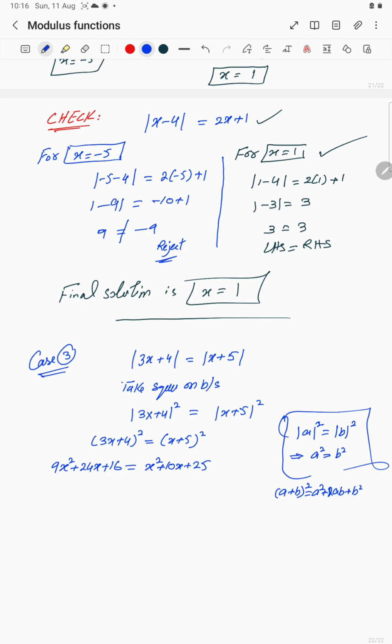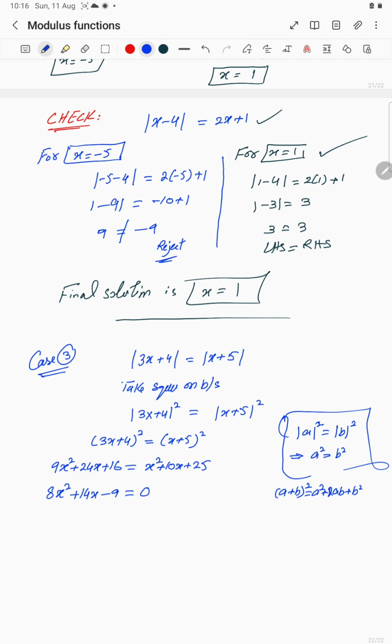Now simplify algebraically, bring everything on the right hand side to the left. So we get 8x² + 14x − 9 = 0. Now this is a quadratic function. We can solve this by applying the middle term break rule, or completing the square, or the quadratic formula. Any method which is easy and convenient for you, you can apply.